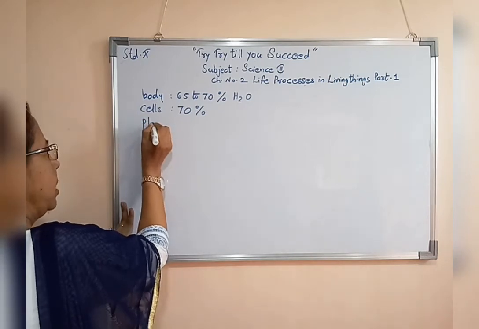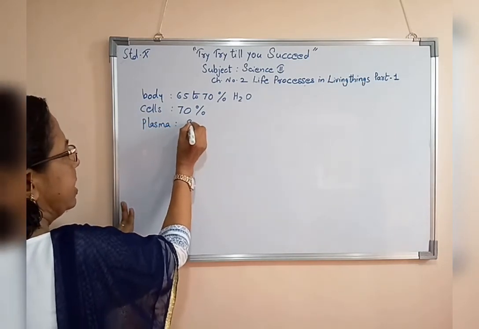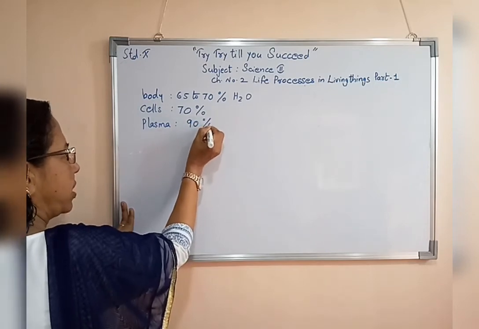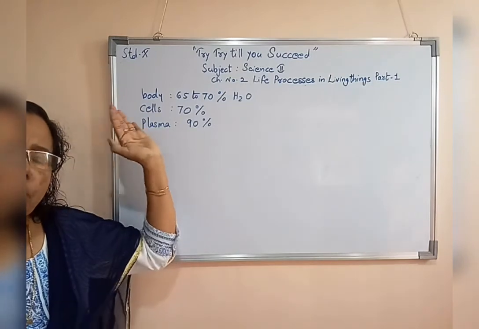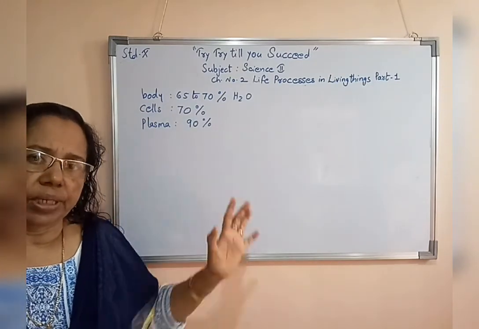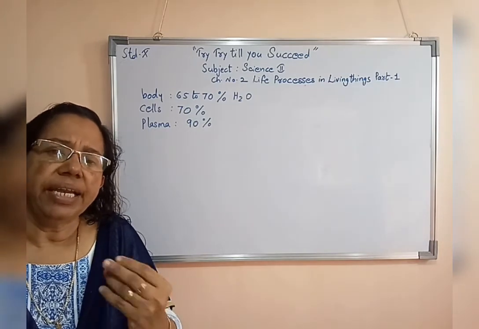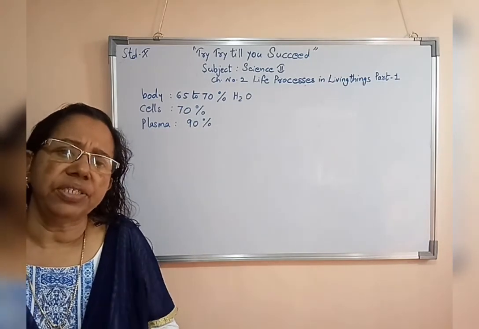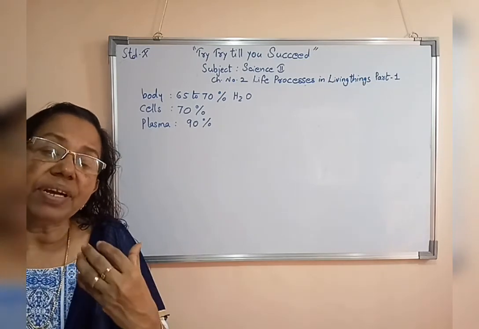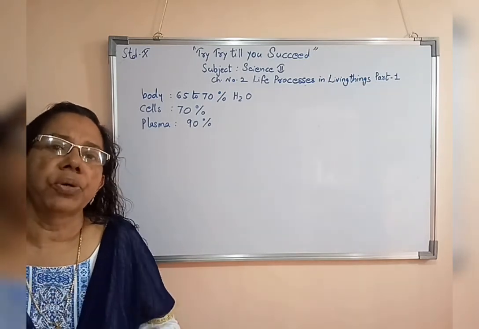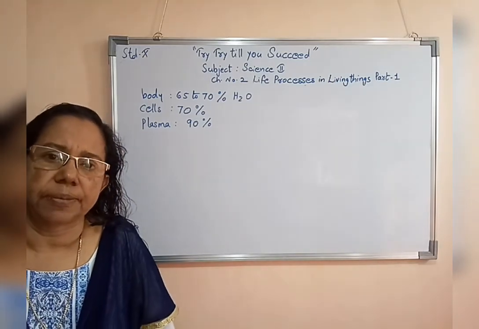Inside the plasma, there is 90% of water. So we can understand the importance of water in our body. Due to any problem, if there is loss of even a little quantity of water, that will disturb the whole body. We can say that each and every cell will be affected.